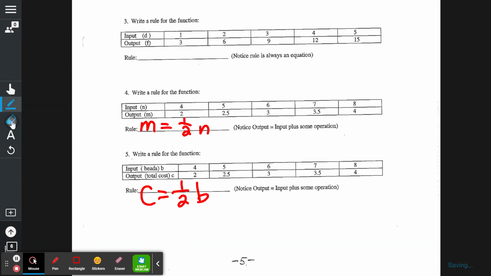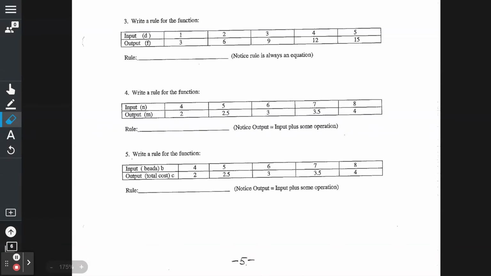Okay, so now we're going to turn to page, let's see, I think it is page 10, but I have to move this whole thing.